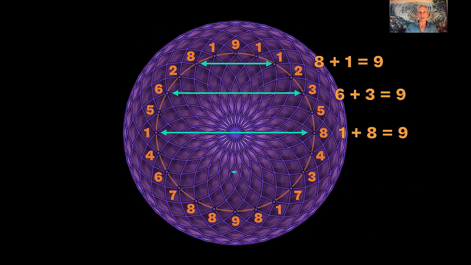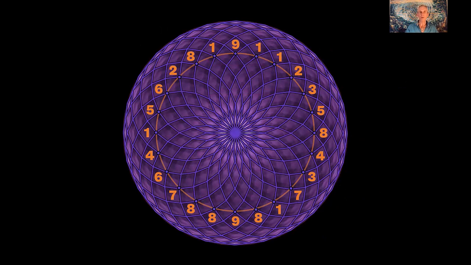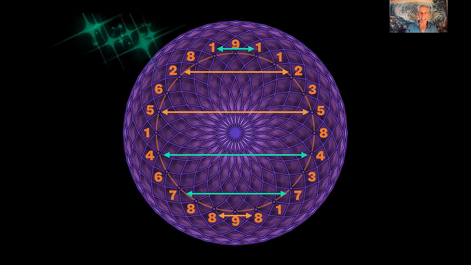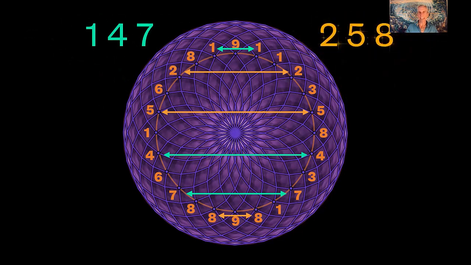Every other number has the same kind of symmetry that we see in the symbol of enlightenment. That's cool, right? There's also these other numbers that we skipped over, starting with the top numbers 1 and 1, 2 and 2, 5 and 5, 4 and 4, 7 and 7, and 8 and 8.